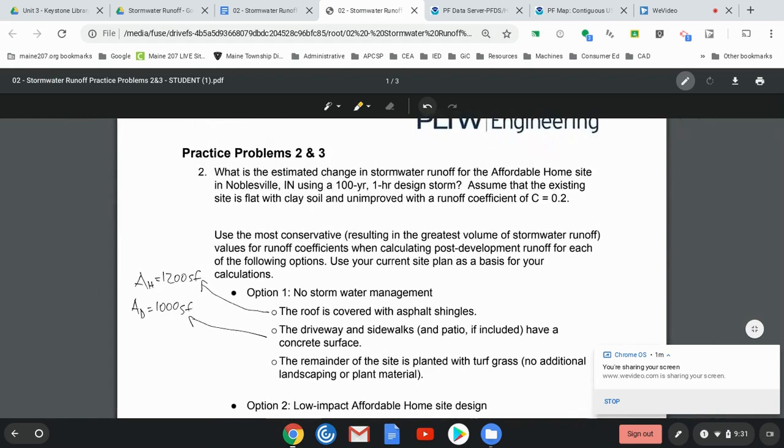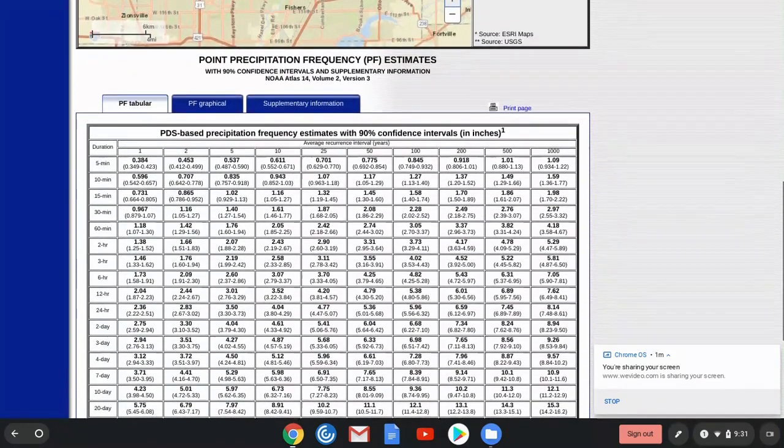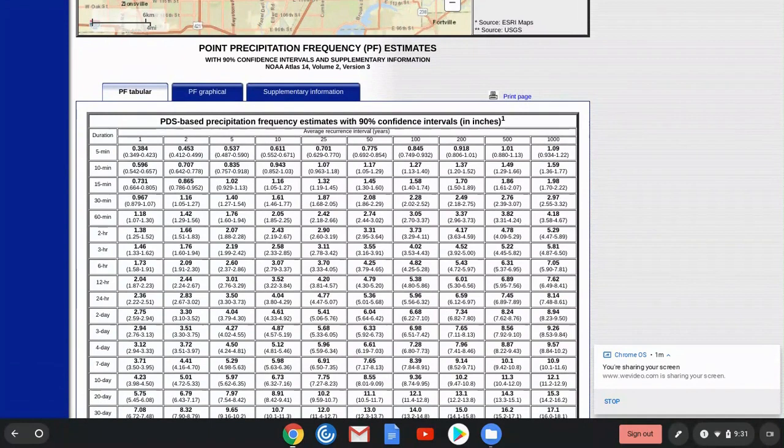All right, so some information that we're going to be using. We're going to be using Noblesville, Indiana, the 100-year 1-hour design storm. When you go here, I already got it pulled up. So there's the closest station to Noblesville. The 100-year 1-hour storm is 3.05 inches per hour.